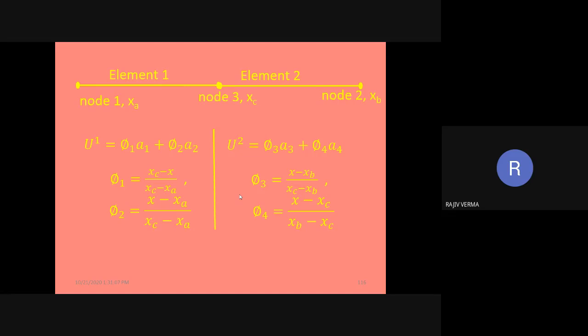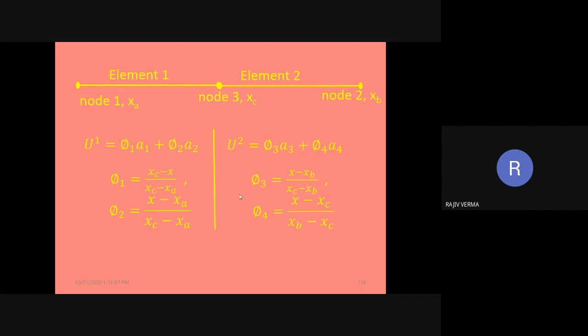So simply, if we derive the expressions for a linear shape function for any of the elements, we can simply substitute the locations of the nodes to get the shape functions for any linear element. So this is what has been done in this particular case.